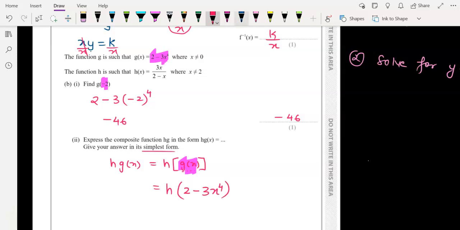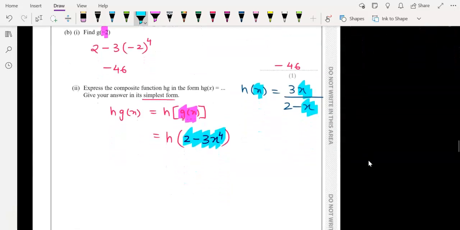Now, go to function h. Function h of x was 3x upon 2 minus x. Now, we want, in place of x, to write 2 minus (3x) to the power 4. So on the right hand side also, in place of x, we need to replace this bracket.